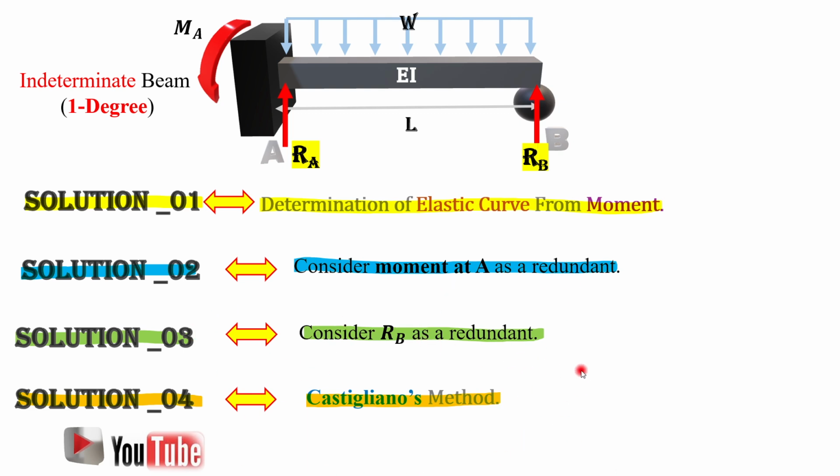To have a deeper understanding, the first solution, determination of the elastic curve from moment, is a classical solution, and it just involves integrations. We can call it the math solution as well. Solution 2 and solution 3 are kind of geometrical solutions, and solution 4 is an energy method solution.